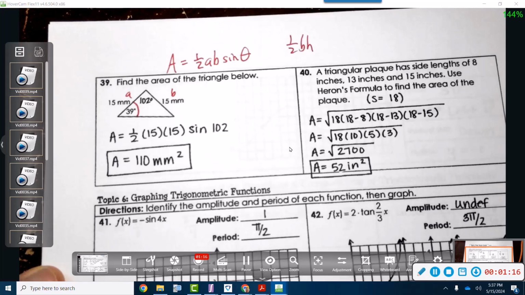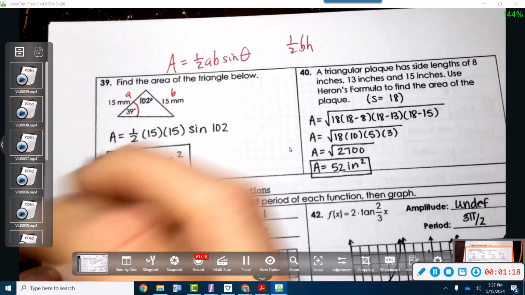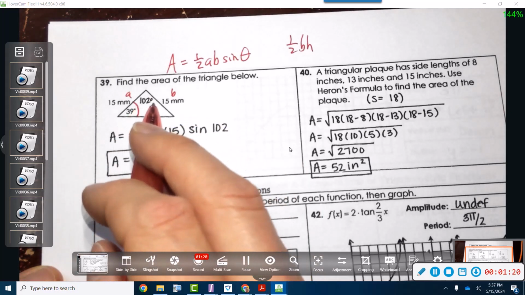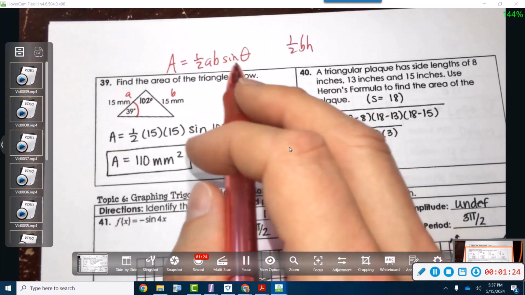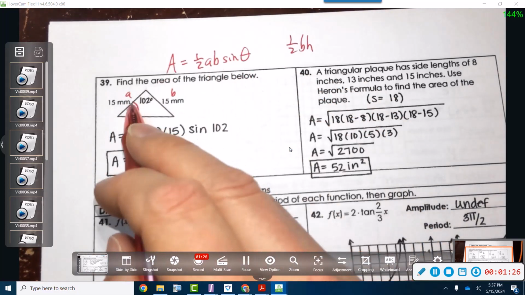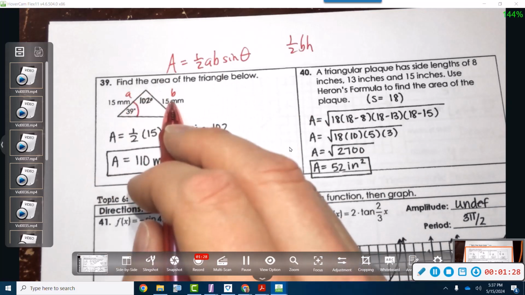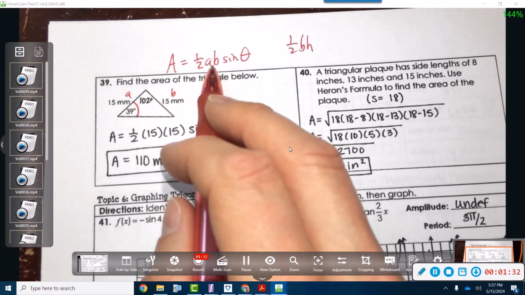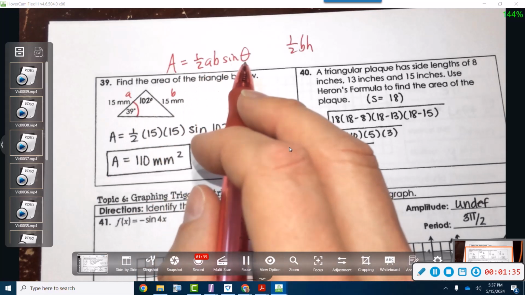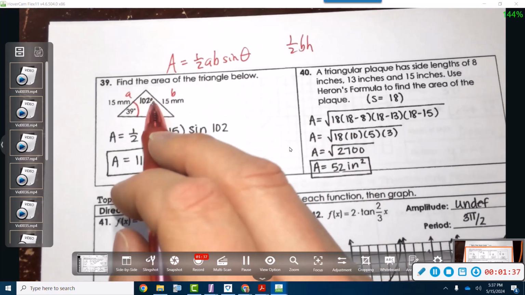So how did they figure out 102? Because in order for this to work, the A and the B have to be on both sides of the angle. These guys have to surround this theta.